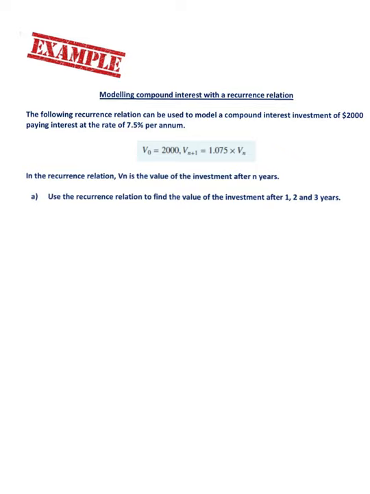So the following recurrence relation can be used to model the compound interest investment of $2,000. So that's our V0, paying an interest rate of 7.5%. So that is r. Now, that's not the big R, but remember that this here is R, capital R, and this R comes into play when finding this value here.